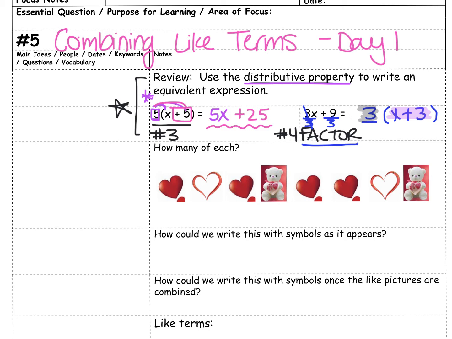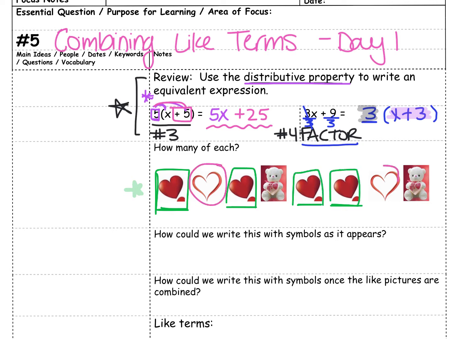Now today we're going to talk about like terms and putting more terms together to keep simplifying. Looking at our problem, how many do we have of each? If we look at this first example, I see I have 1, 2, 3, 4. So I have 4 solid hearts, 2 white hearts, and 2 teddy bears.